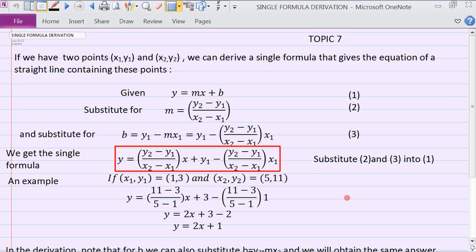So now I've got equation 1, which I'm working with.